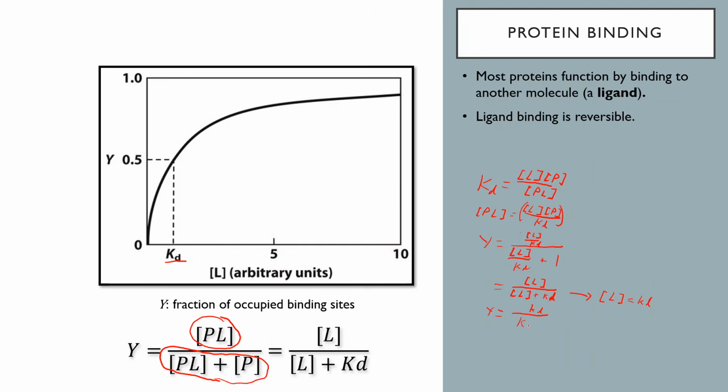So it's just these values added up, and that becomes 1/2. So another way to think of the dissociation constant is the concentration of ligand when the protein is 50% bound. So when 50% of the protein in your solution is bound by the ligand, then by definition the ligand concentration is equal to the dissociation equilibrium constant.